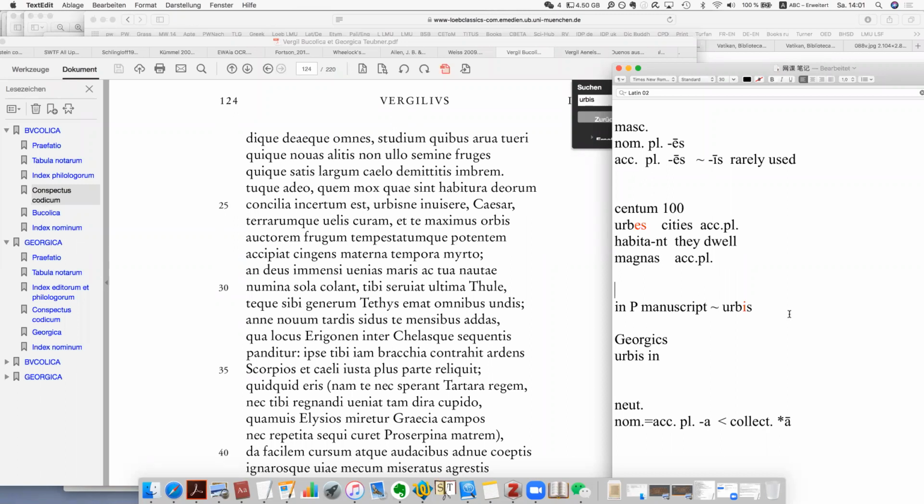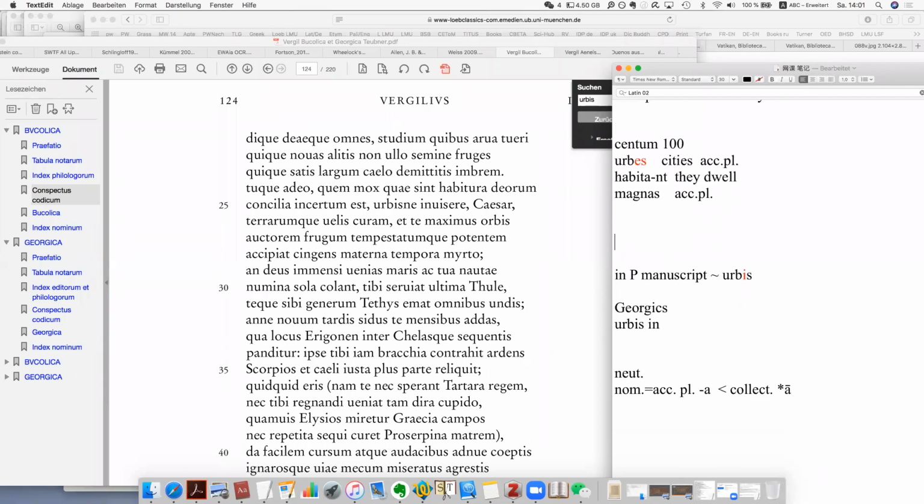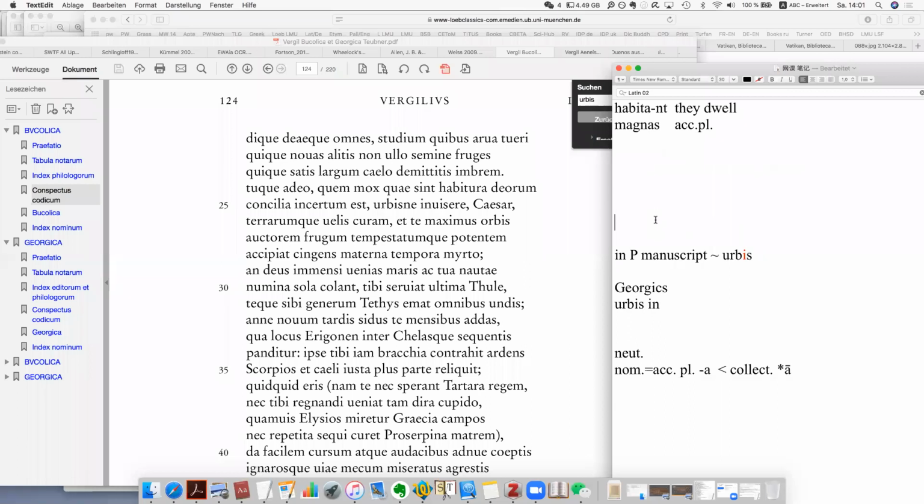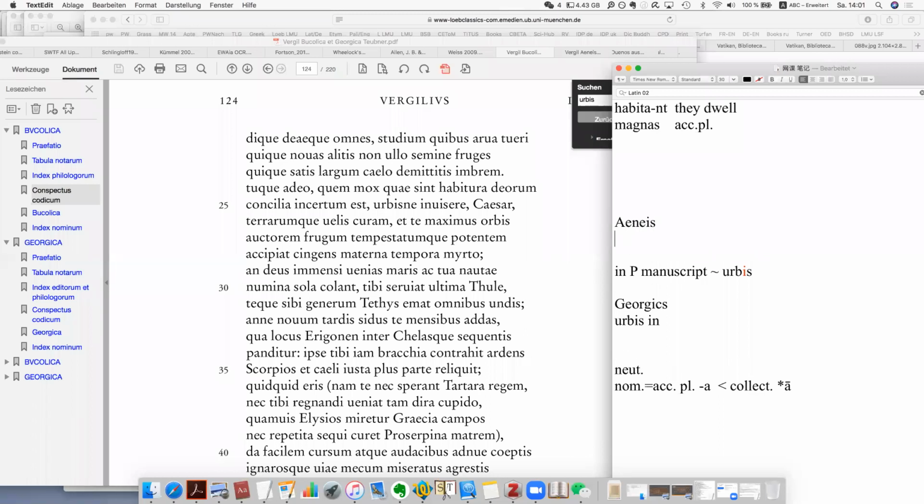So let's summarize the information here. So the situation in the Aeneid: Urbis in the critical edition, right?